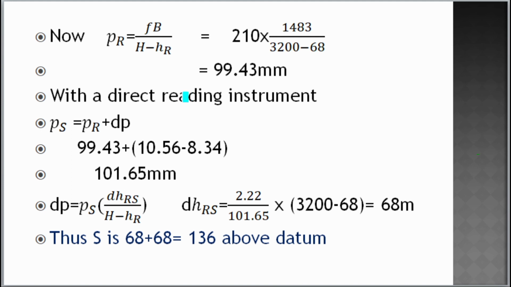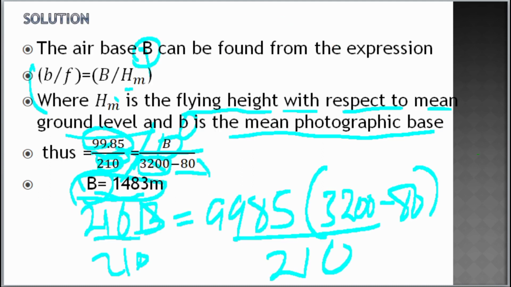I am calculating the data that I'm going to be using in order to calculate the other answers. So this is the focal length multiplied by the airbase that I had gotten in the previous step.